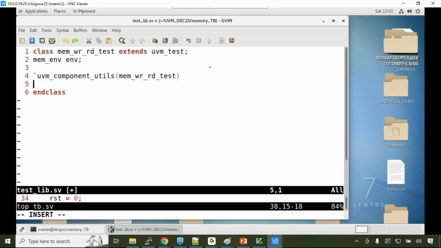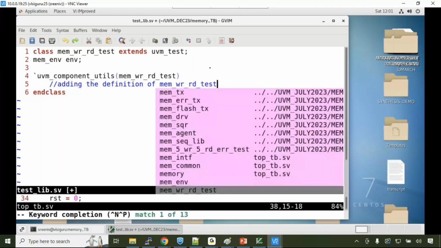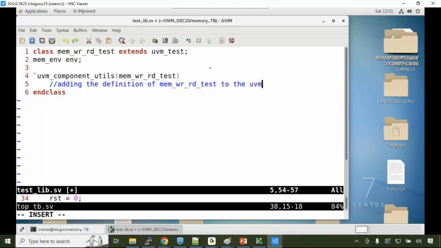This is called adding the definition of mem write read test to the UVM factory. It means we are keeping the definition into the UVM factory.